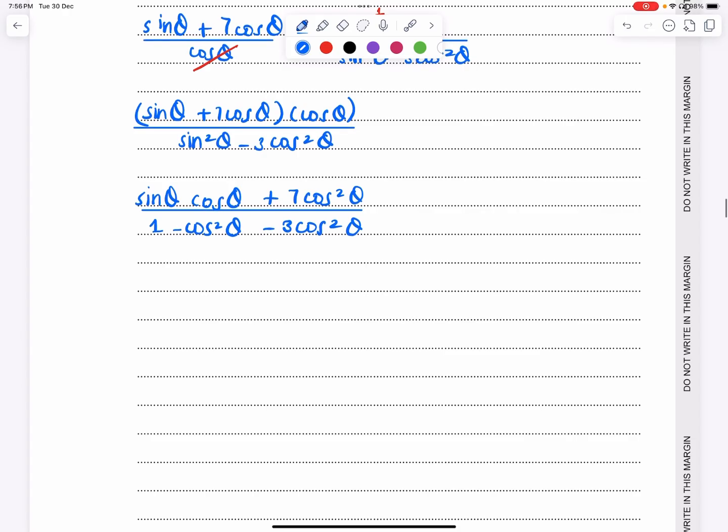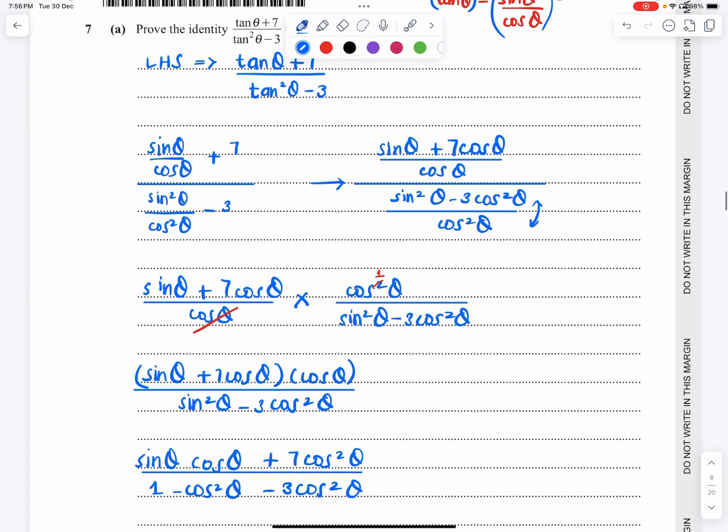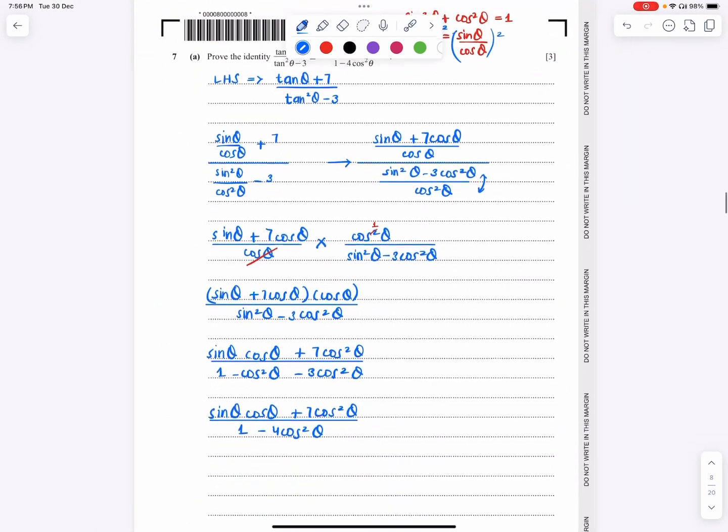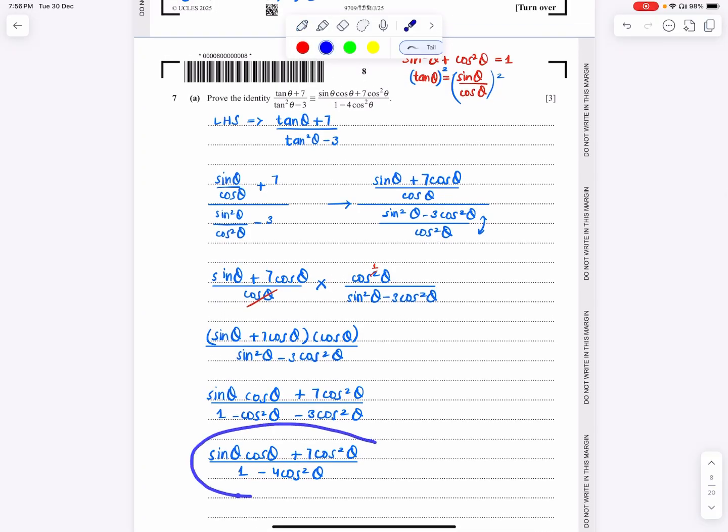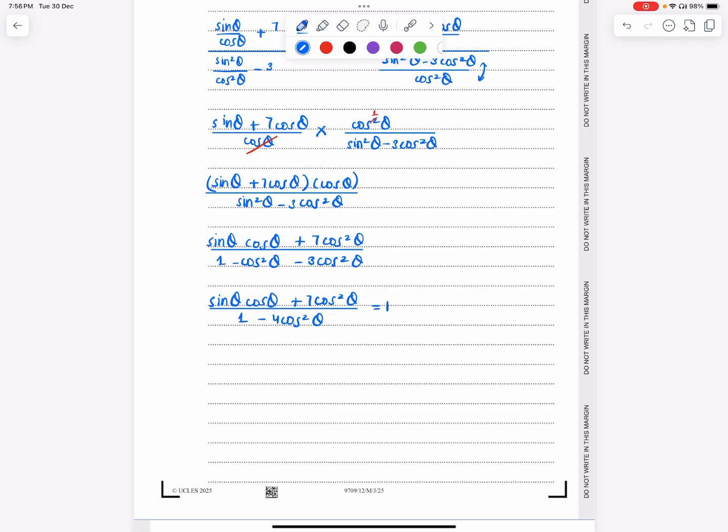I can further write this down as sine theta cos theta plus 7 cos square theta divided by 1 minus 4 cos square theta, which exactly is equal to the right hand side. You can even write it down over here to make it clear to the examiner.